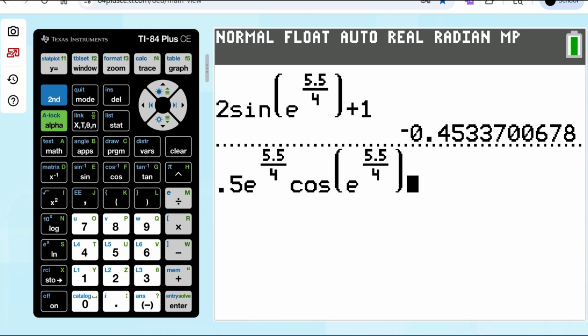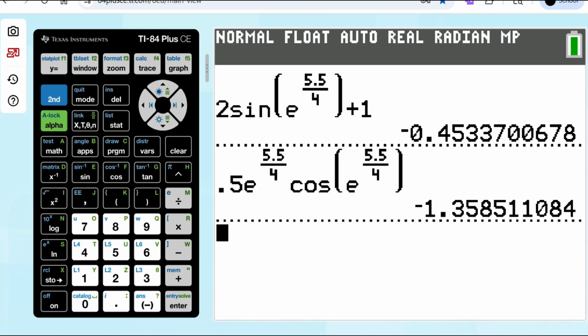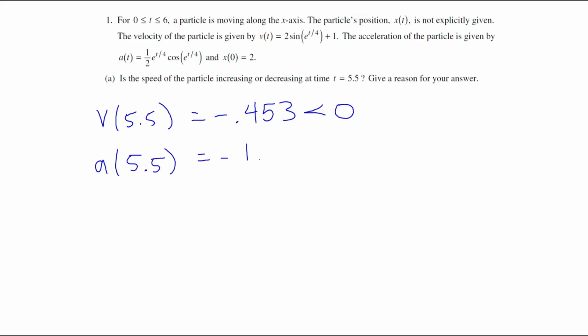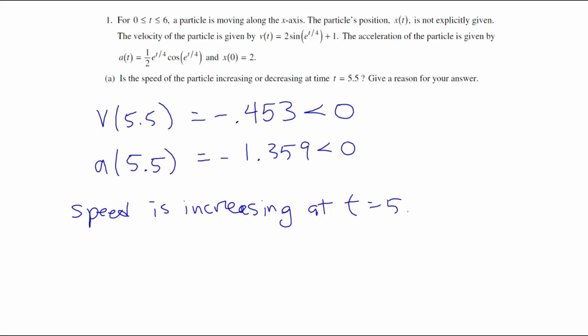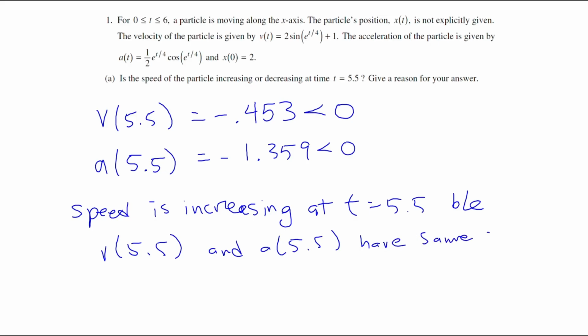And I'll close my cosine there, parenthesis, and we get negative 1.359. And we'll note that that's also negative. And since they both have the same sign, we can say the speed is increasing at t equals 5.5 because v of 5.5 and a of 5.5 have the same sign.